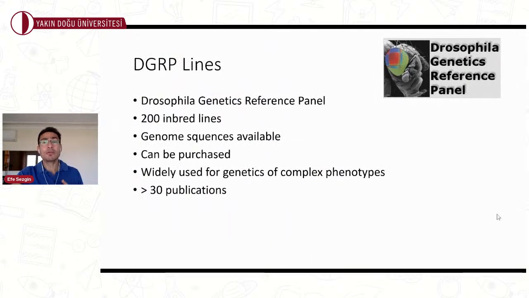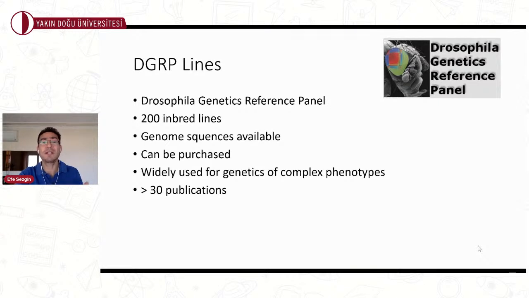Moreover, because Drosophila is a model organism, a number of tools have been developed, not only molecular tools but also at the organism level. At least around 5 years ago, a number of special Drosophila lines were developed, called the Drosophila Genetic Reference Panel. These are around 200 inbred lines, meaning their genomes have been inbred to such a level that every individual in a specific line, for example inbred line number 1, is identical with respect to each other.